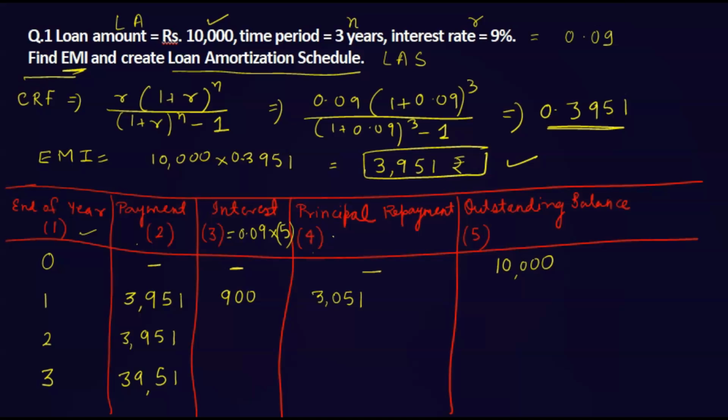Simply this principal repayment we'll get with column number 2 minus column number 3, means total periodic payment. From that we have to subtract the interest amount, we'll get principal repayment.